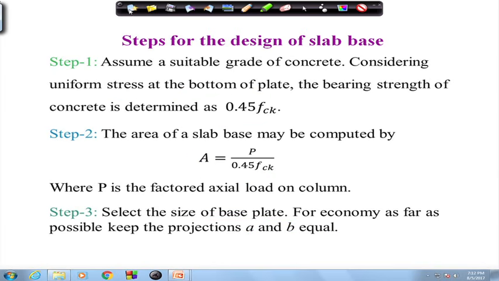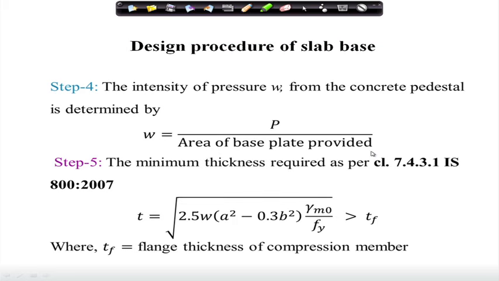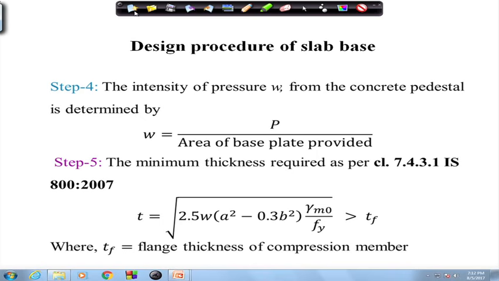Once we find the size of the base plate, that means length and width, we can find the actual intensity of pressure W, which is the load divided by the area of the base plate, that is P by area of the base plate.